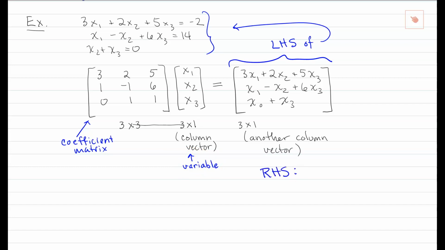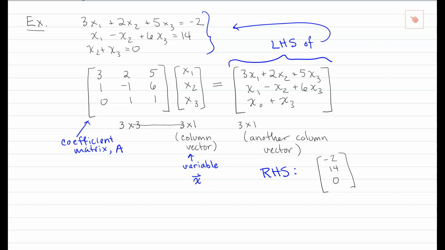And now if we make another vector so we can store the right-hand sides of these equations, we can actually write down a full-on matrix equation. So 2, 14, and 0 are the right-hand sides of these equations right here. And now I can write down my real matrix equation. I'm going to give this matrix a name. I'll call it A. I'm going to give this variable vector a name too.